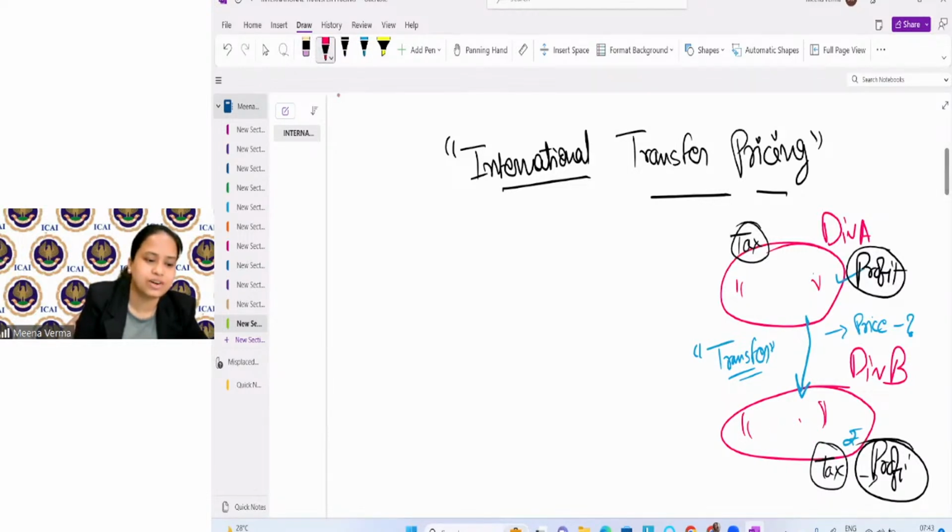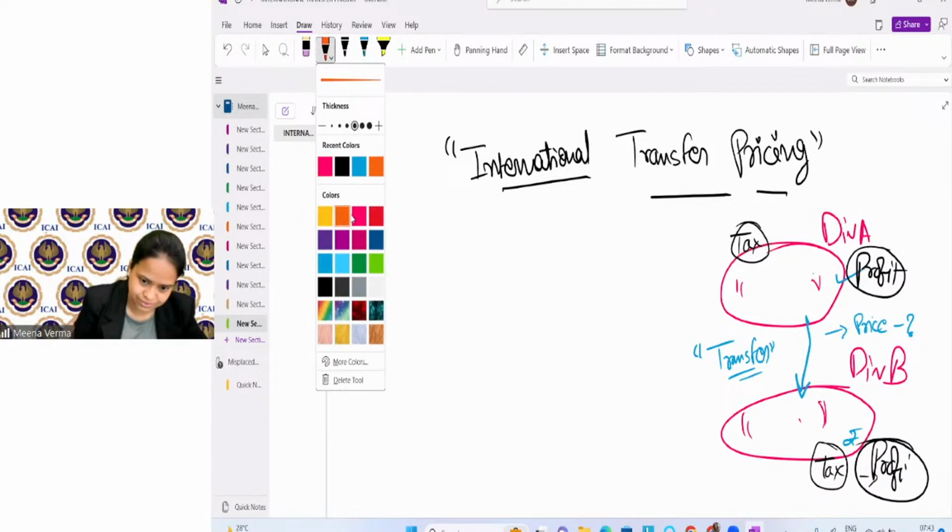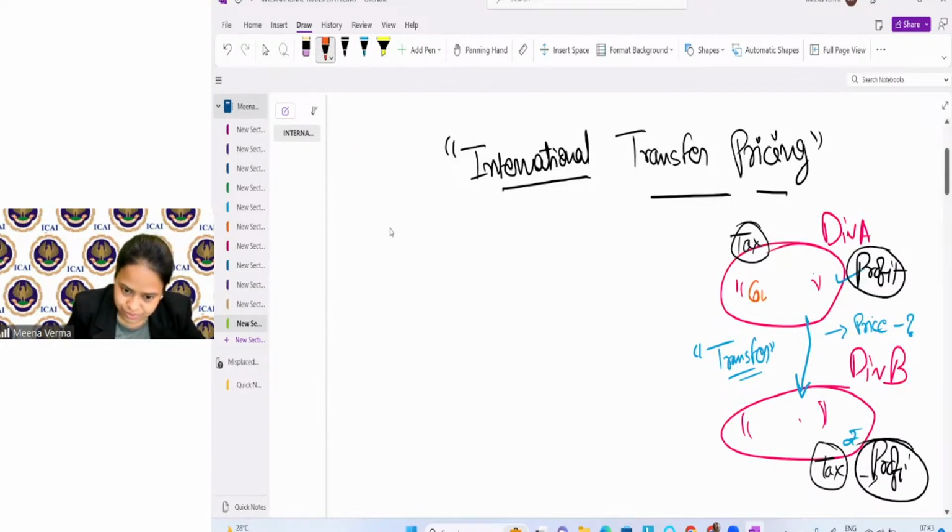Let's take an example of country X and country Y. Okay, we have two countries.